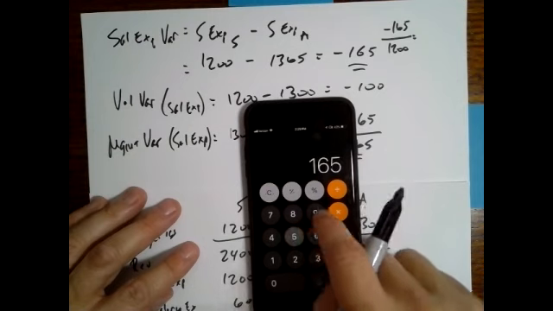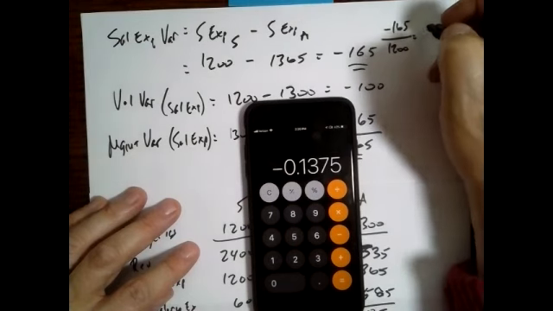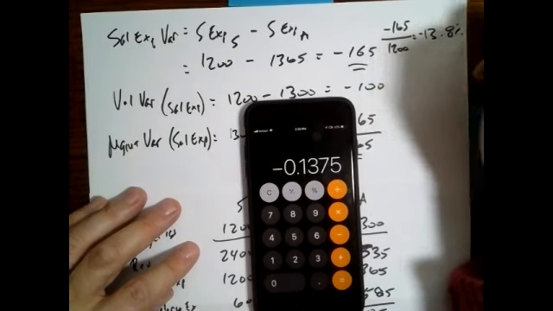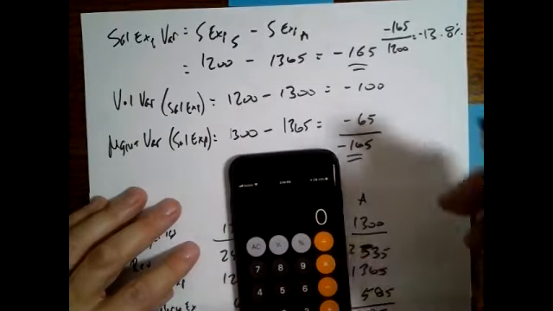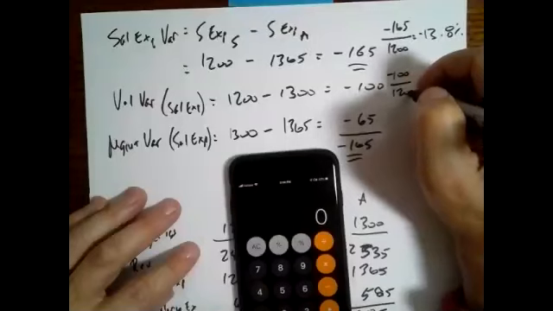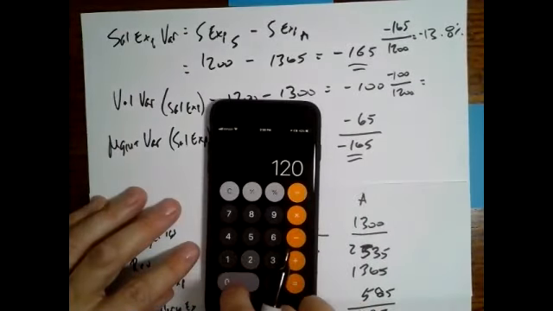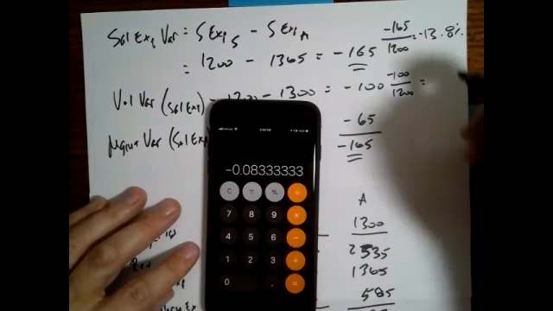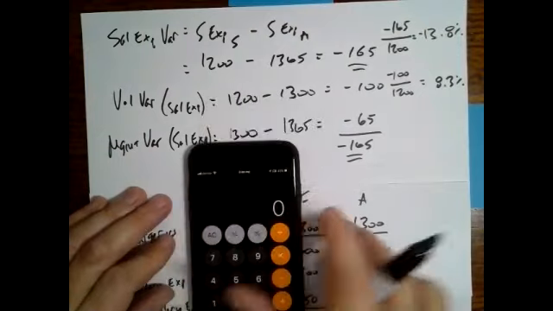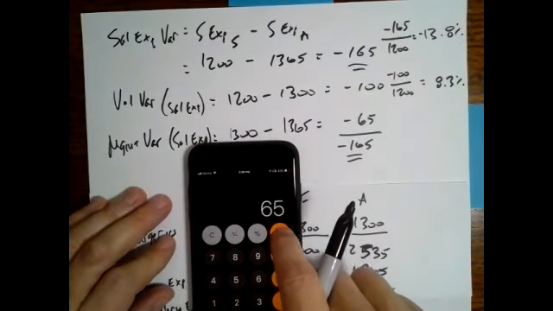So we get 165 negative divided by 1,200 gives us roughly 13.8%. Then 100 divided by 1,200 negative is 8.3%. And then 65 divided by 1,200.